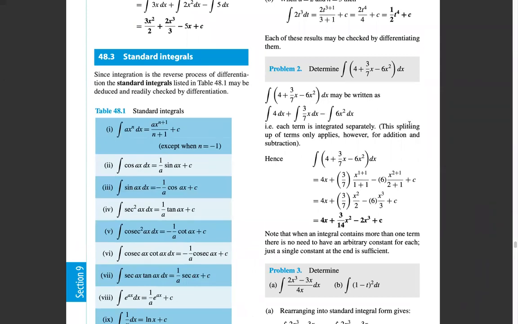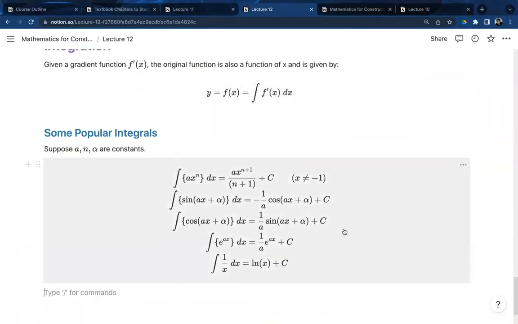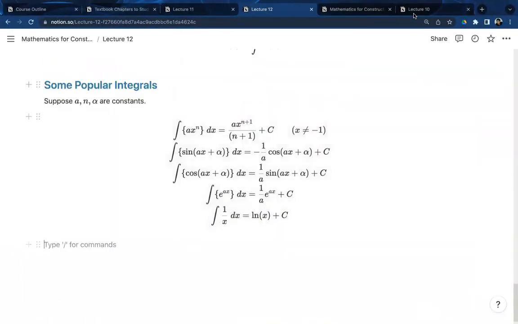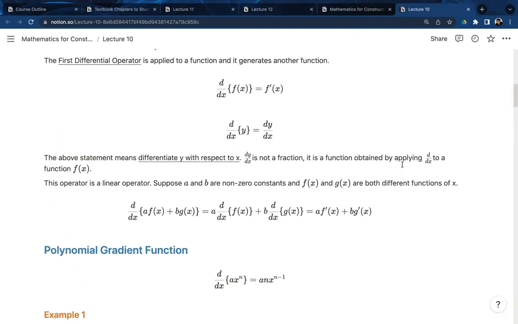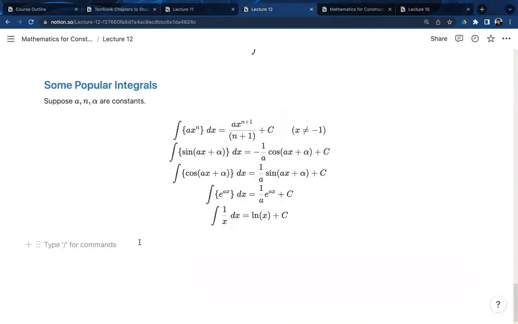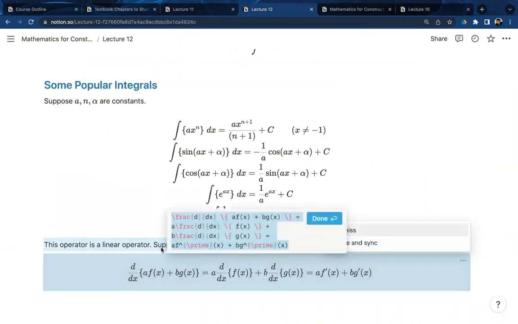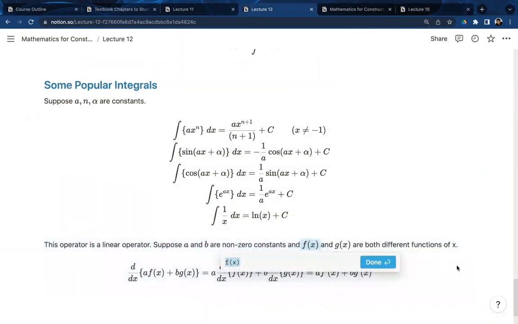It means the integral of a sum of products is a sum of integrals. Let me see, I don't think I said that right. Here we have the linearity property. So the operator is a linear operator.